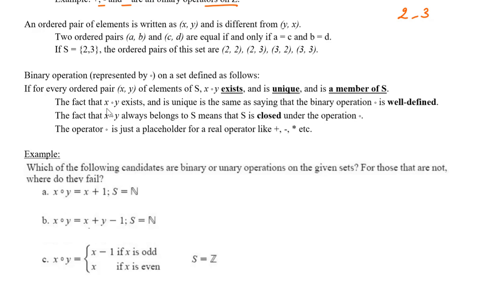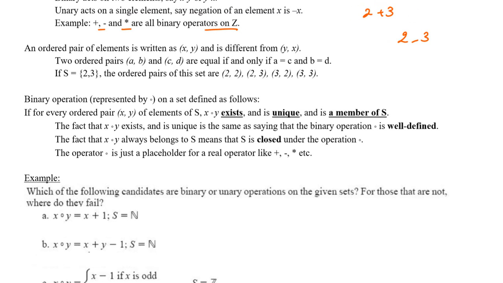The fact that this operation exists and is unique is the same as saying the binary operation is well defined. So for it to be well defined, it must exist, be unique, and it must have closure, which means being a member of S. So let's see, I'll make up some operation.